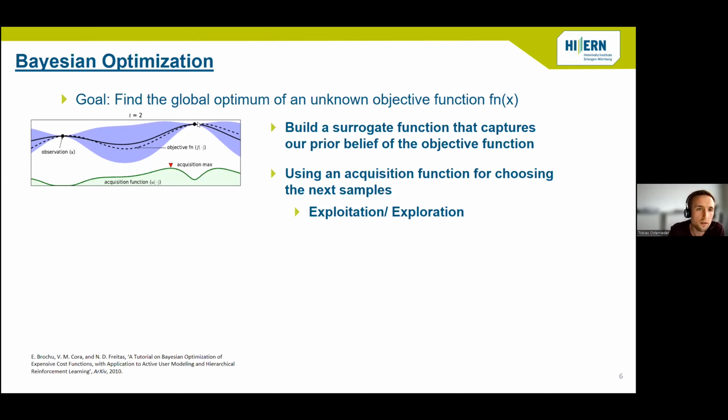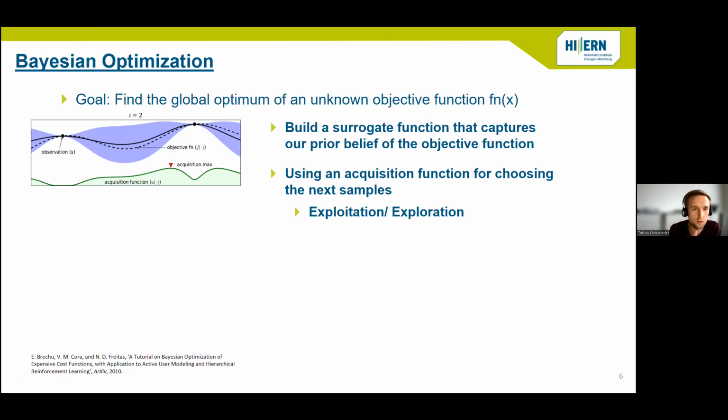You can see here for the sample points, the uncertainty, the bluish area, is low because we actually made a cell there, while between the cells, we don't really know what the value of our objective function is. So here the uncertainty is high. Now we choose the point where the acquisition function is max and build the sample there.